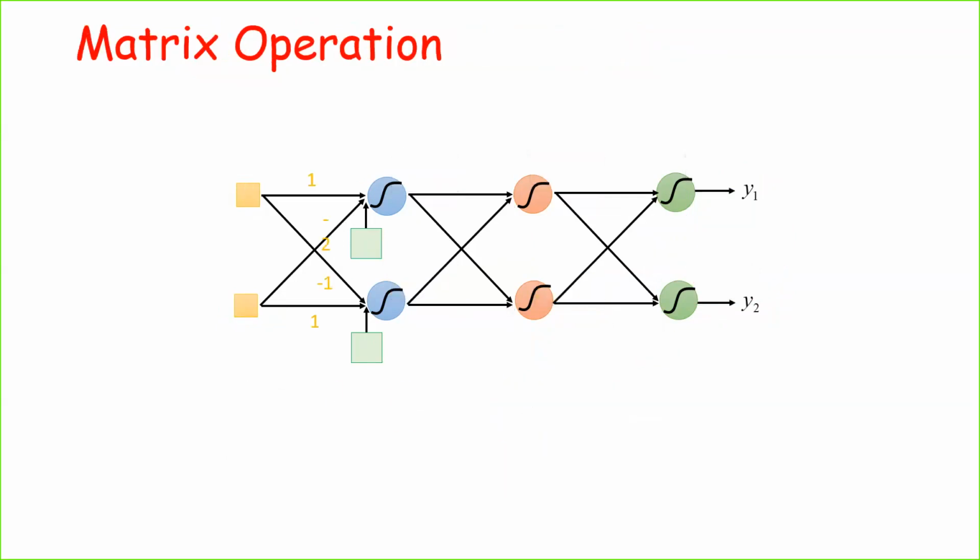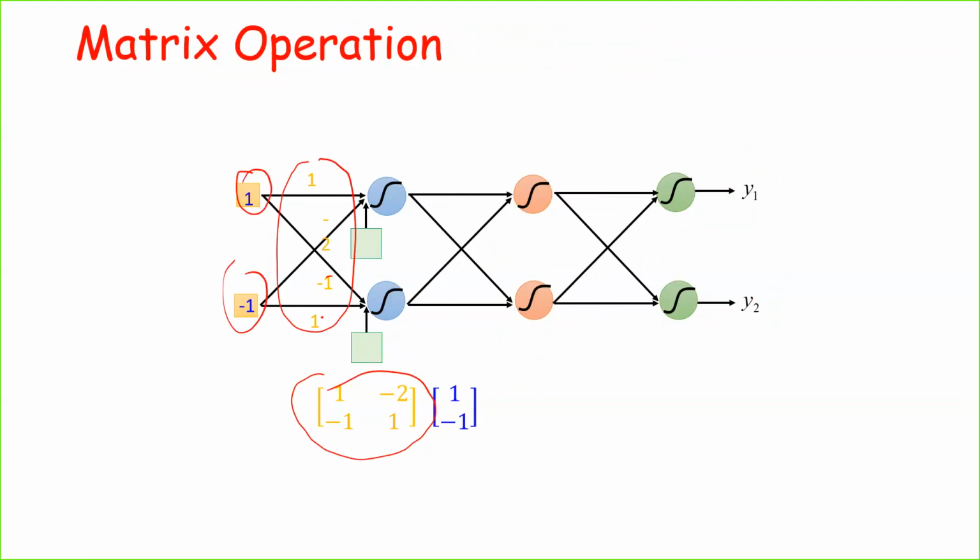Okay. So now if you look at this, what are we doing? This is the weight vector, which we got from here. 1, -2, -1 and 1, right? So multiply this with the corresponding input, then add the bias term, right? Then you will get the net sum.